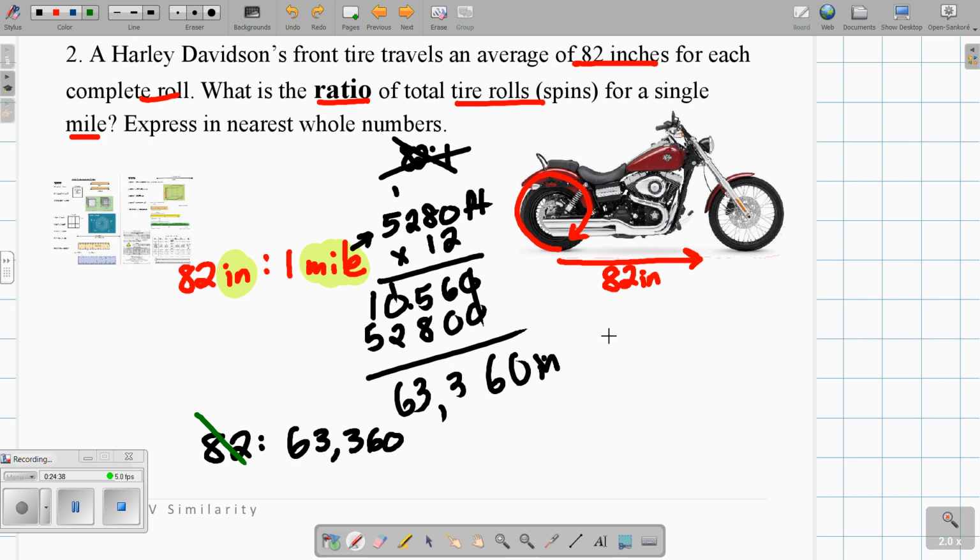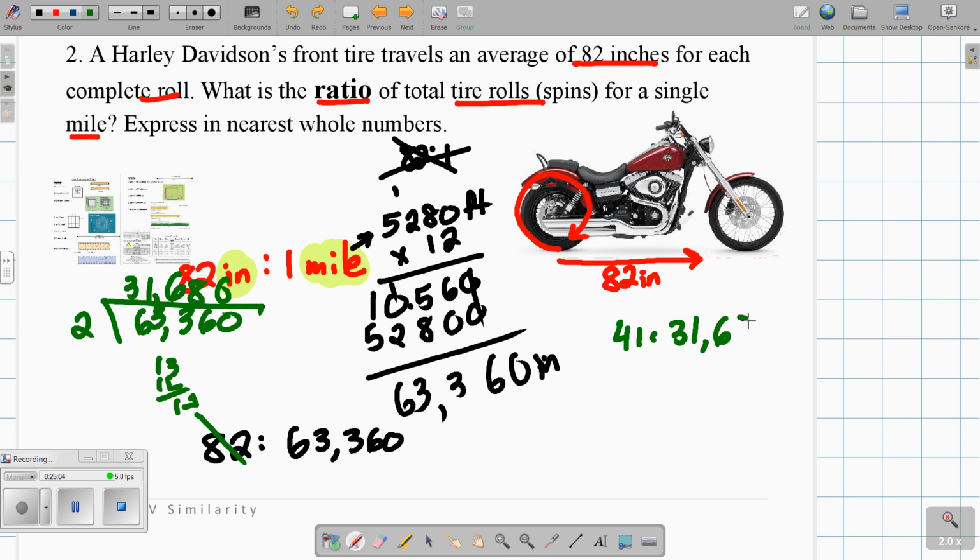So this divided by 2 is 41. This divided by 2, that's 31,680.